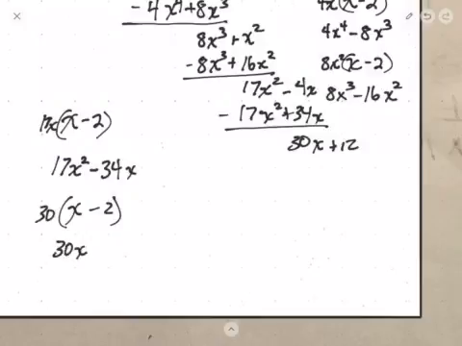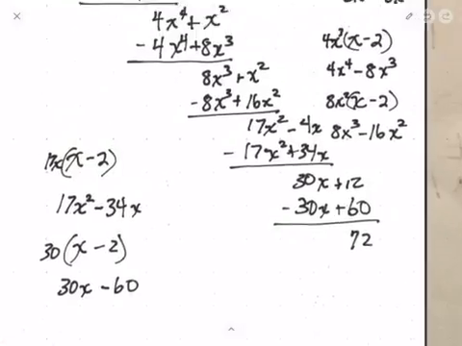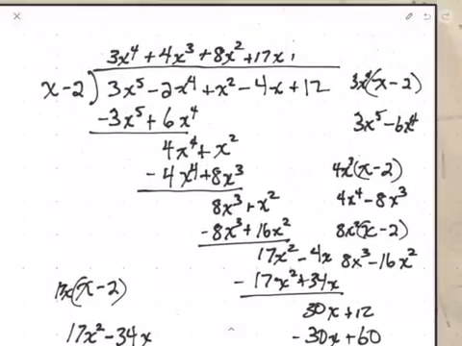So 30x minus 60. Those subtract. So this is 72. So I need to put my 30 up here, plus 30.